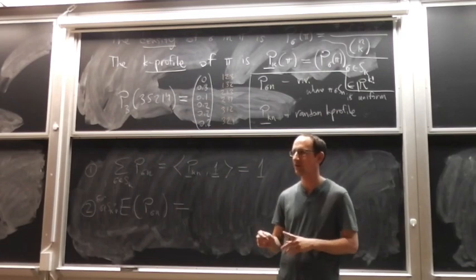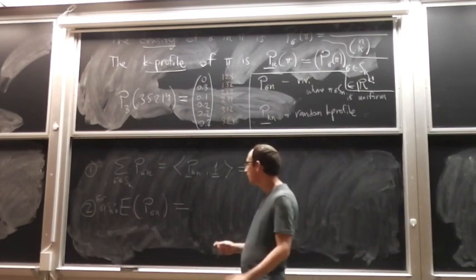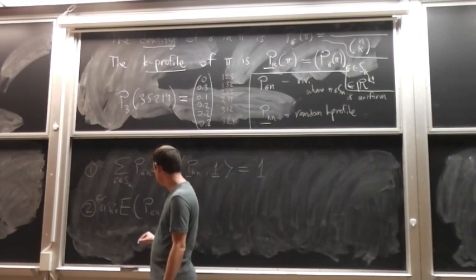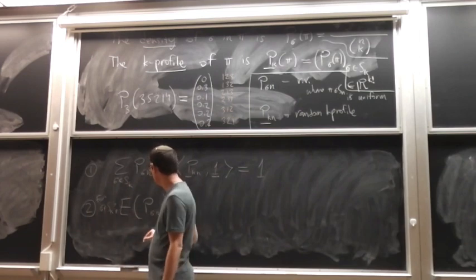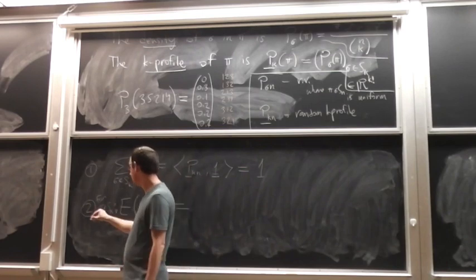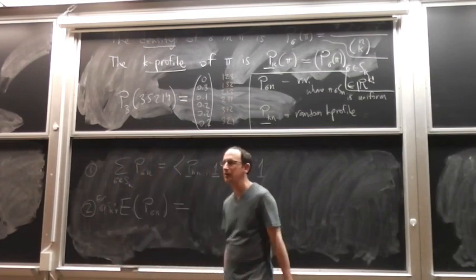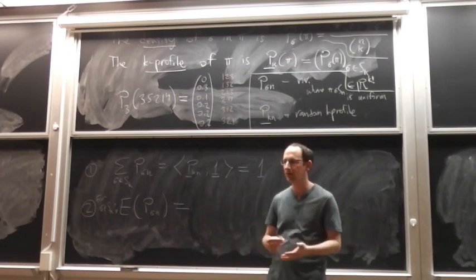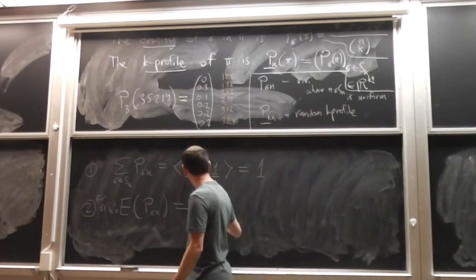Well, that won't depend on the permutation. So there are two parameters here, K and N, or sigma and N, and indeed it doesn't depend on sigma. So then what would it be if it doesn't depend on sigma, and they add up to 1, and there are K factorial of them? So it's going to be 1 over K factorial.